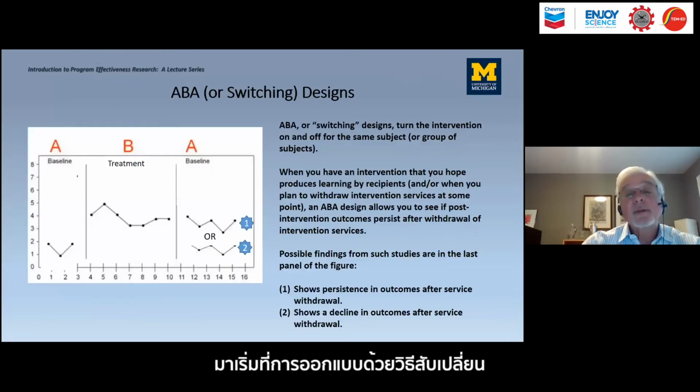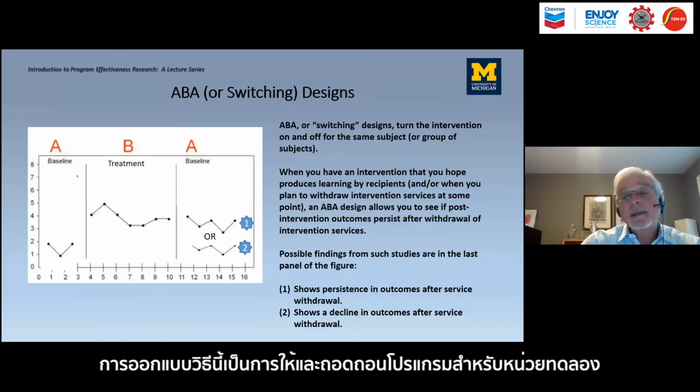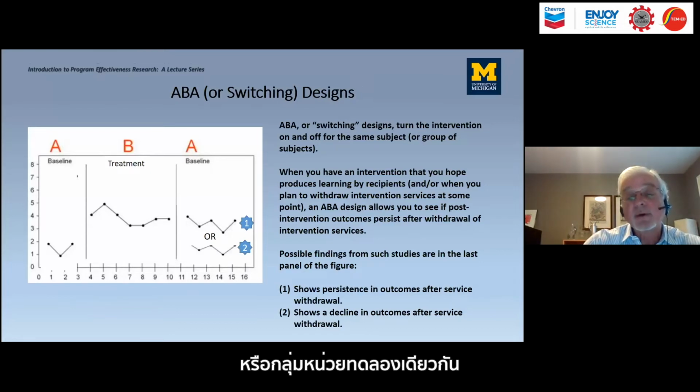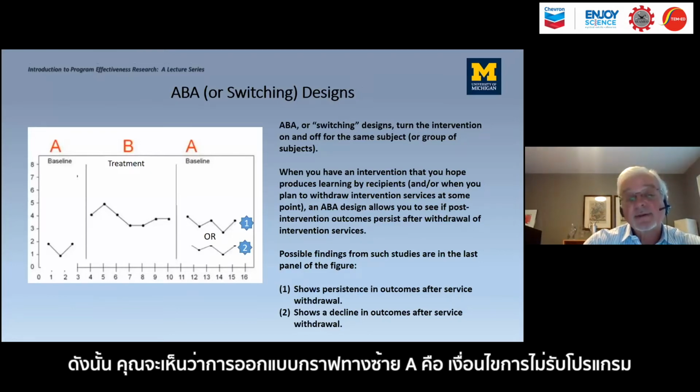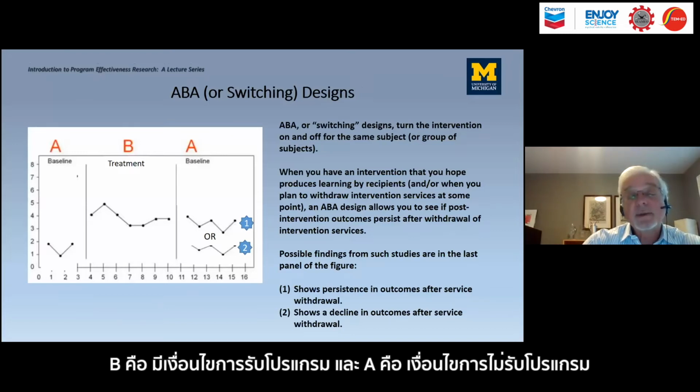So let's start with a switching design. This design turns an intervention on and off for the same subject or group of subjects. So you'll see that in the design in the graph on the left, A is a no treatment condition, B is a treatment condition, and A is a no treatment condition.